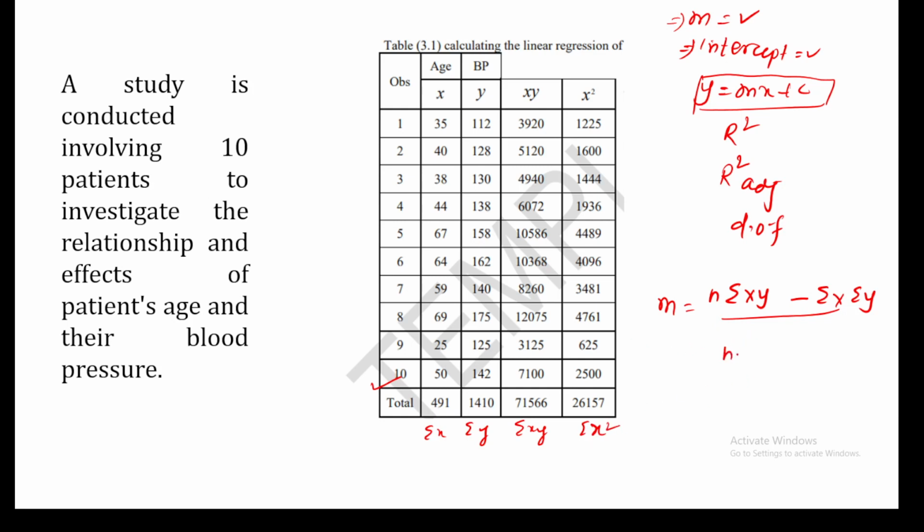So just use the formula and you will get the slope value m. Then you can calculate the intercept also. That will be y bar minus m x bar. So you will get the intercept value.